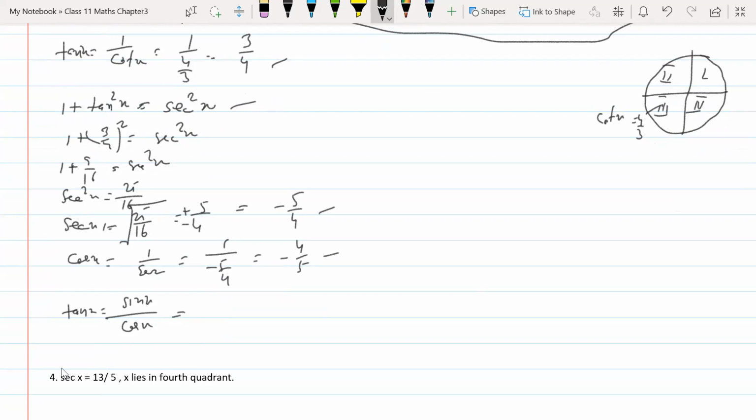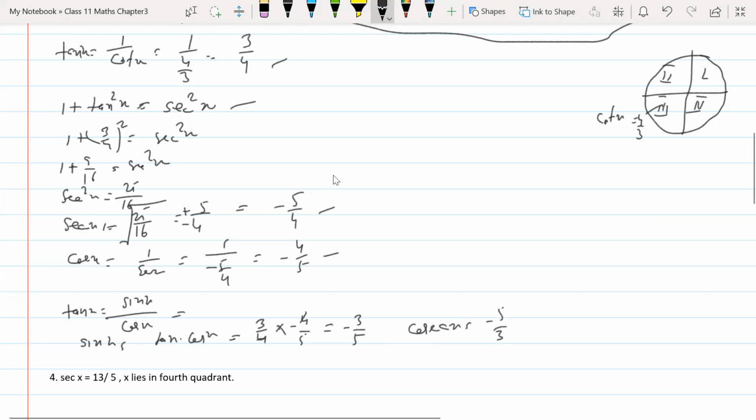According to this, sin x would be tan x into cos x. Tan x is 3 by 4, cos x is minus 4 by 5. It comes out to be minus 3 by 5. And cosecant x is minus 5 by 3. So we have all the values.